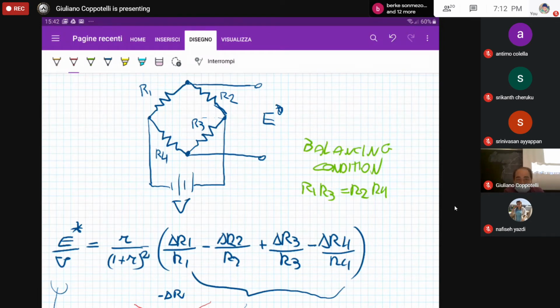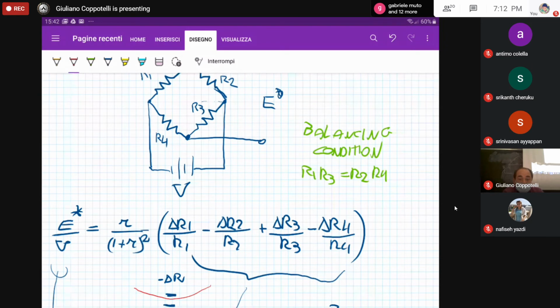Now, if you measure the output tension E star, you can see from this equation that it is given by the difference of the change of resistance delta R1 and the change of resistance delta R4. Delta R1 is due to the actual strain and the temperature strain. Delta R4 is only due to temperature strain.